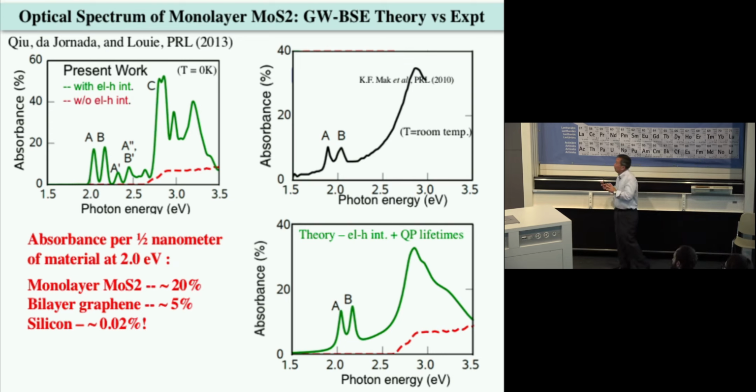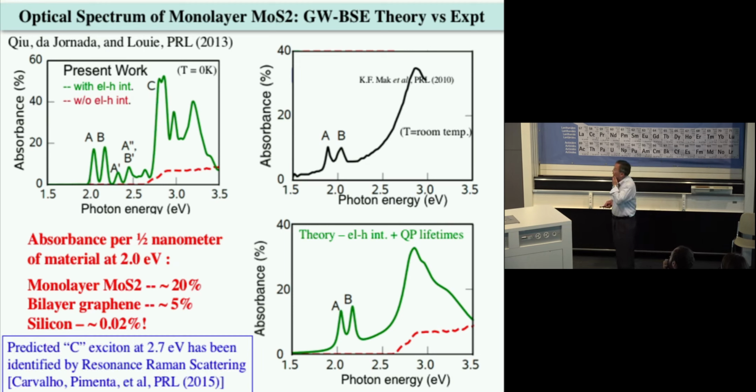In fact, we have forgotten one thing in our calculation, which is the electron-phonon interaction. You include that into the calculation, then you would broaden the high energy transitions, and you would get this curve, and now you will have a better agreement with experiment.